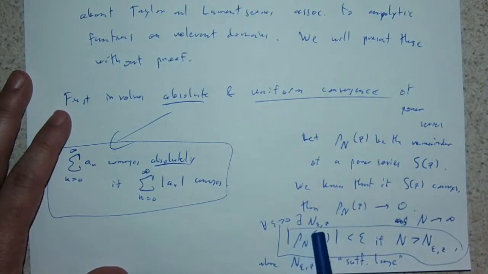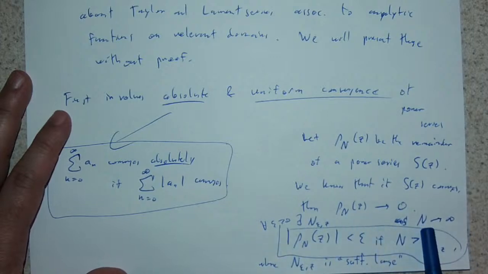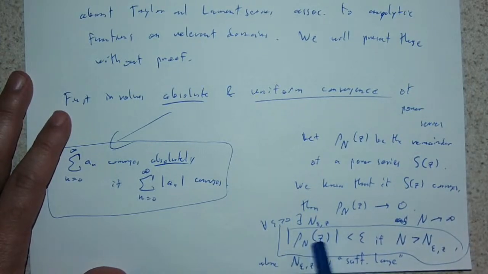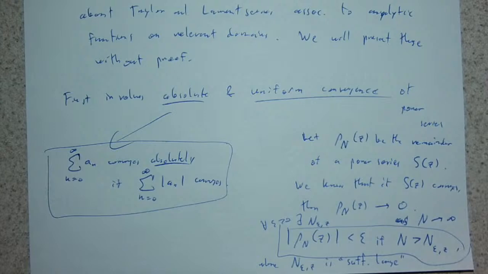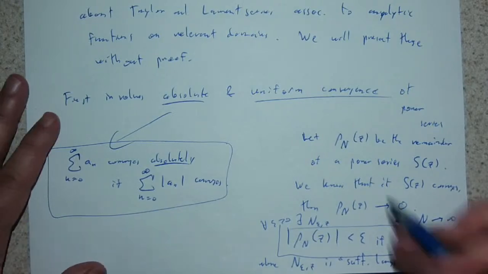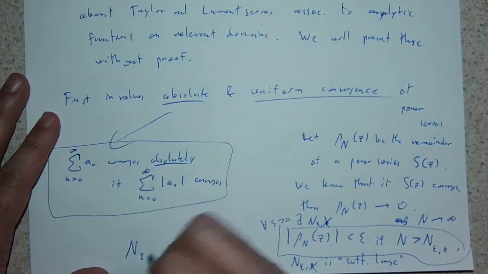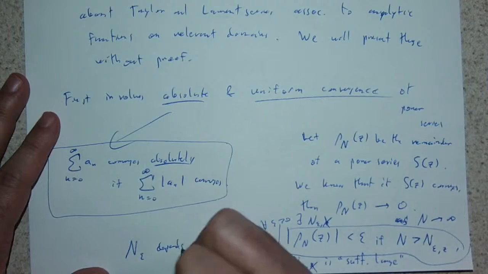The reason I'm writing a sub epsilon z here is that typically the big N depends on the epsilon chosen and the z chosen. The entire purpose of uniform convergence is that there is no dependence on the z, so that this N sub epsilon depends only on epsilon.